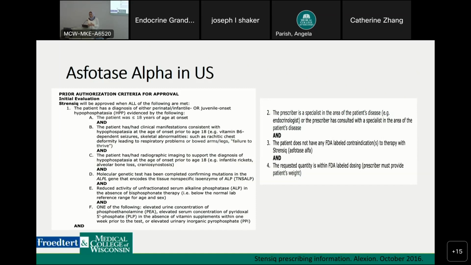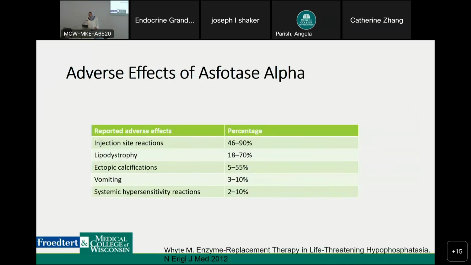And again, it's only approved for 6 months at a time, so it might not be approved for patients who are diagnosed after the age of 18. So we need to hate it a little bit.